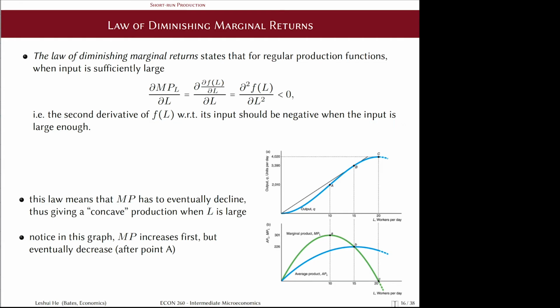Note that the law of diminishing returns does not require the marginal product to be negative everywhere. It only says the marginal product should become negative when the input becomes high. When the input level is low, the marginal product can very well be increasing.